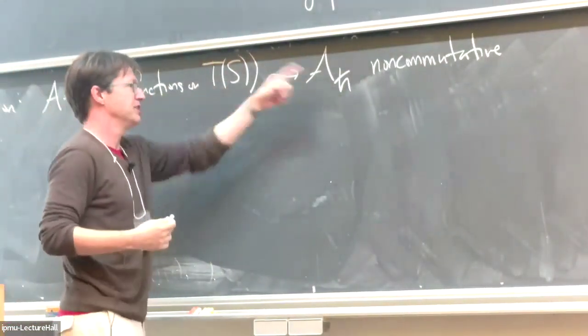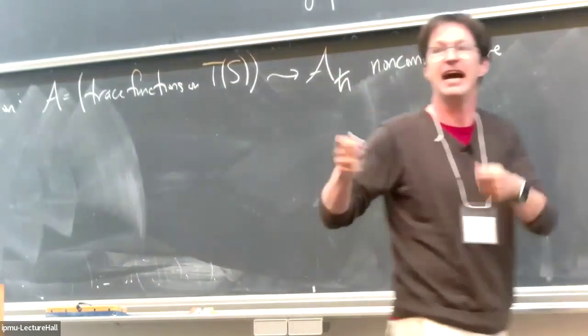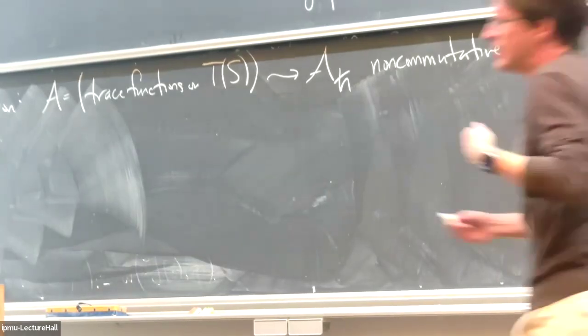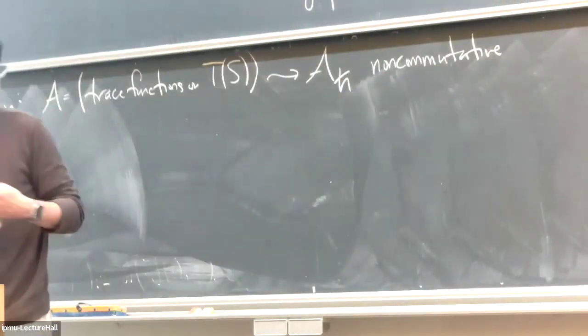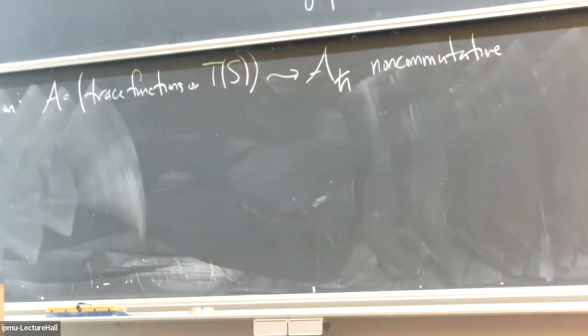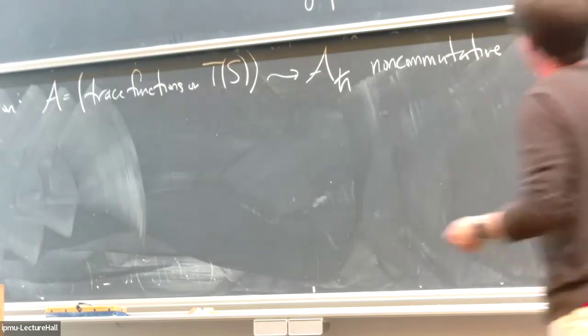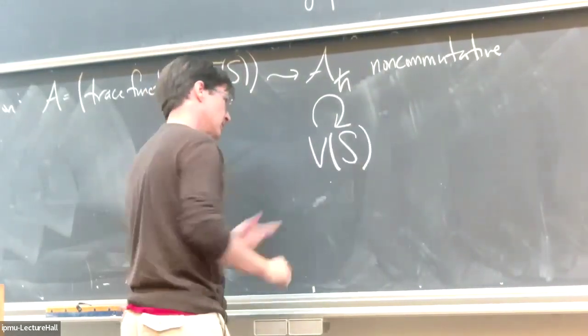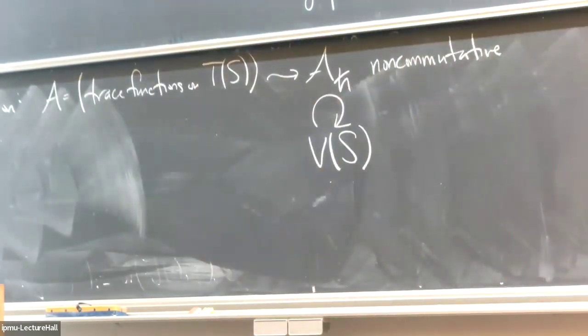People would sometimes call this deformation quantization: you take the algebra of observables and try to deform it to some non-commutative algebra. That's already a very interesting question. But here, I want to ask for a little bit more: not only an algebra of operators, but also a space on which that algebra naturally acts. So this algebra should be acting on some vector space associated with the original symplectic manifold.